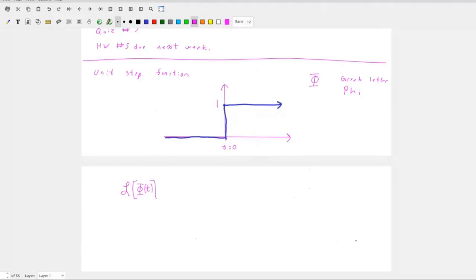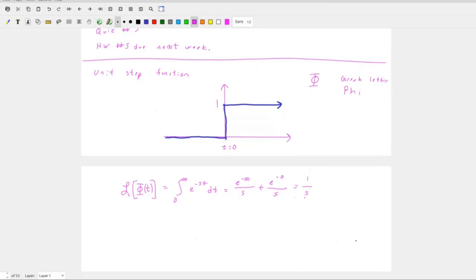We have square brackets around our Laplace, is equal to our integral from 0 to infinity of e to the negative st dt, which is equal to e to the negative infinity over s plus e to the negative 0 over s equals 1 over s.